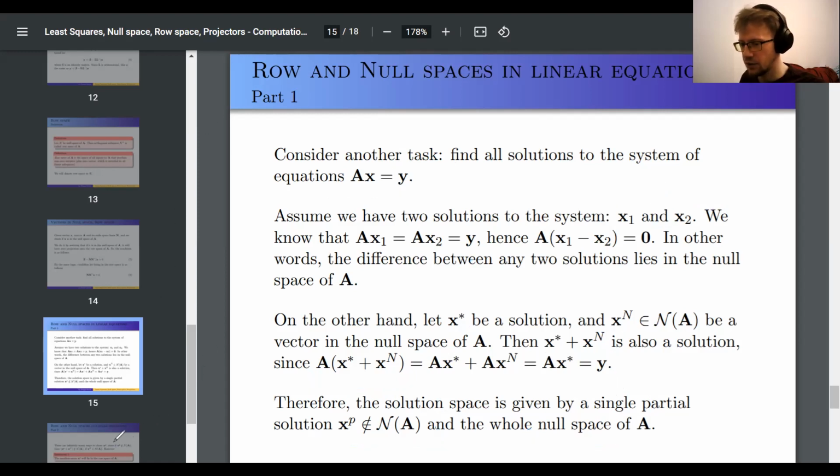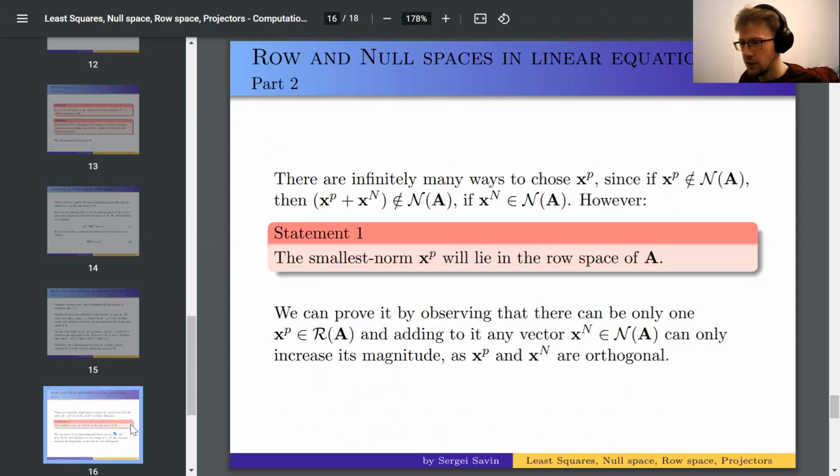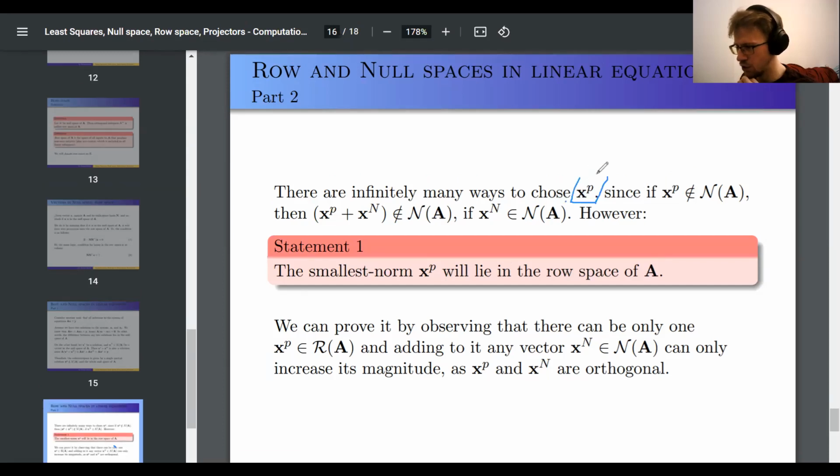Now, where is the row space here? You will see it right now. There are many ways to choose this partial solution to this equation. Remember, again, we are solving this equation.